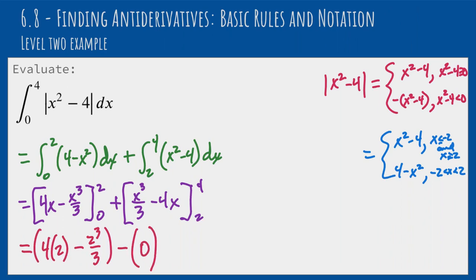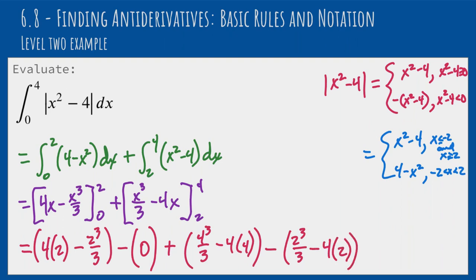You'll find that using 0 as a limit with integrals, especially polynomials, tends to be pretty easy because we end up subtracting 0. Then we have plus 4 cubed over 3 minus 4 times 4, minus 2 cubed over 3 minus 4 times 2.